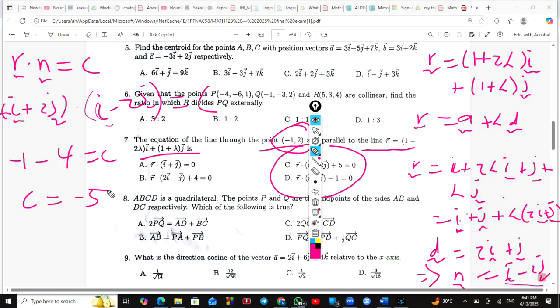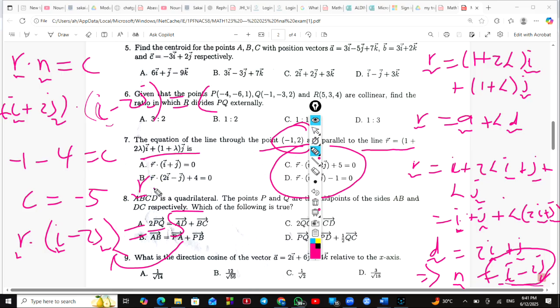So the general form will be r dot, the normal vector I minus 2j, is equal to negative 5. As we can see, everything is equated to 0, so we can also regroup to have r dot I minus 2j plus 5 equal to 0.